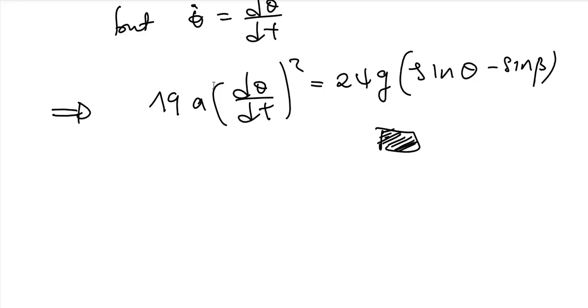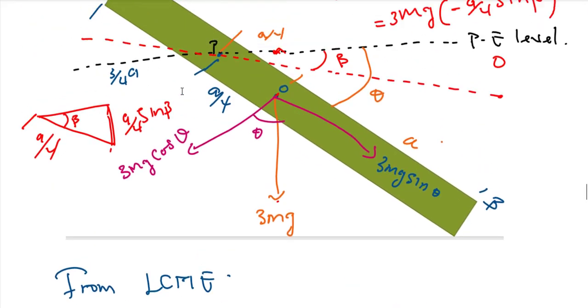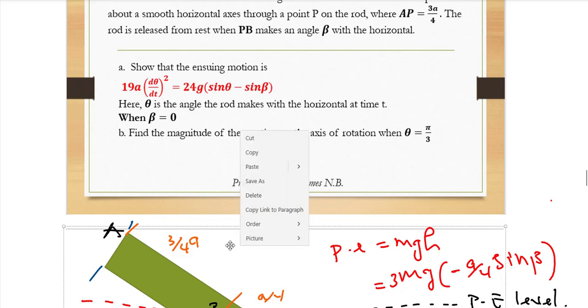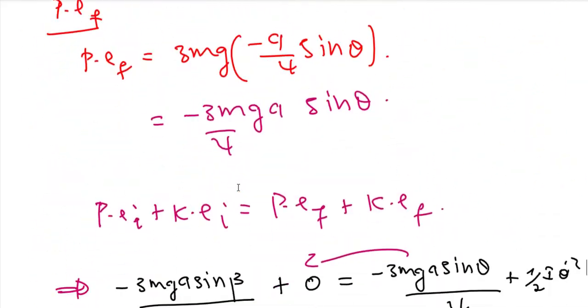Now what does the second part say? The second part says when beta equals 0, find the magnitude of the reaction on the axis of rotation when theta is equal to pi on 3. So I'm going to use another clean diagram so that we see that clearly.